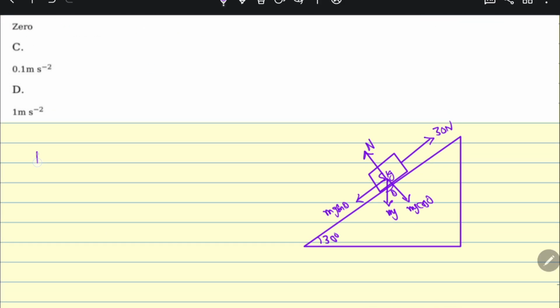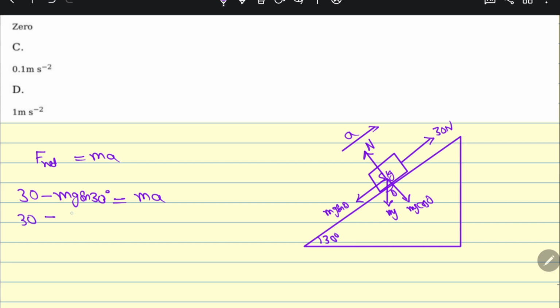So F net, can I write acceleration in the upward direction? So F net is equal to mass into acceleration. So 30 minus mg sin 30 degree is equal to mass into acceleration.